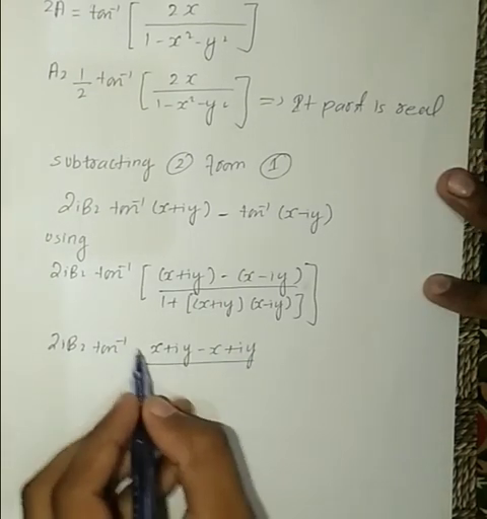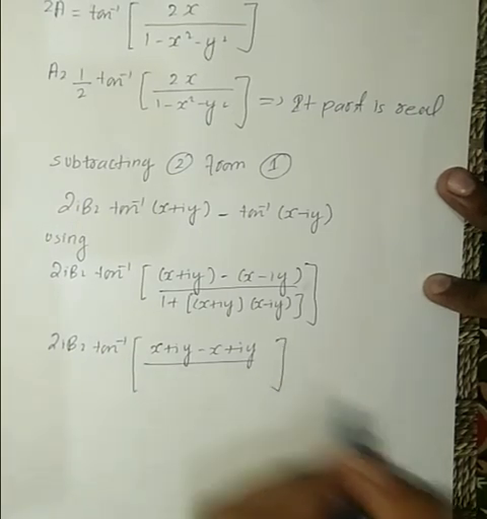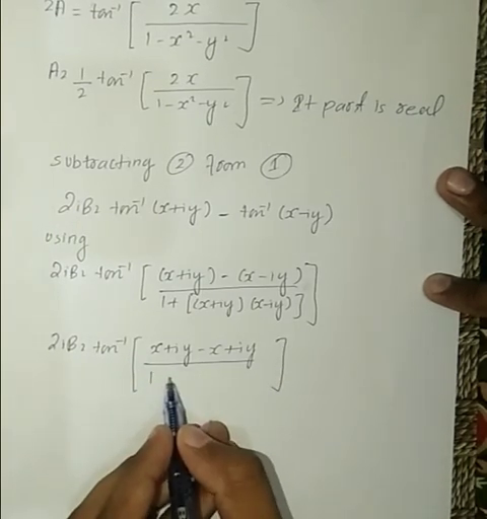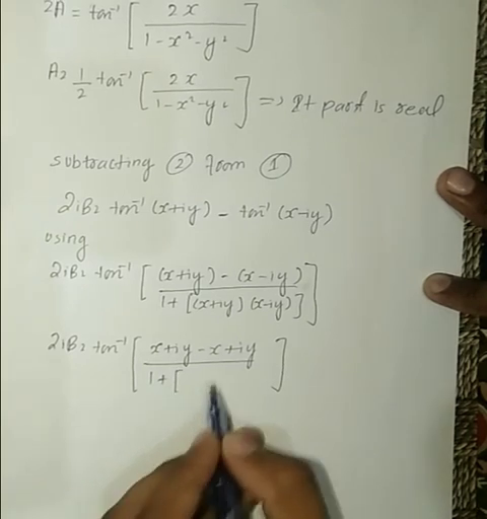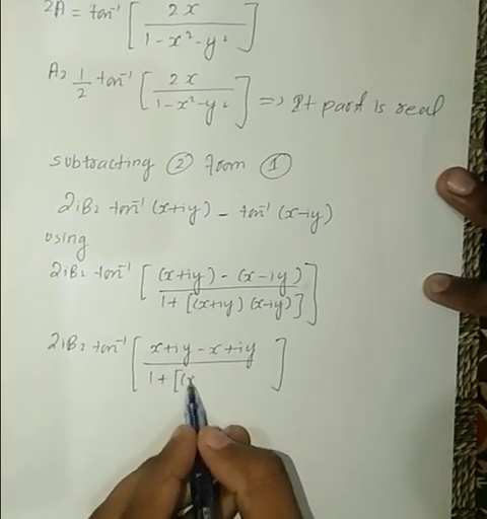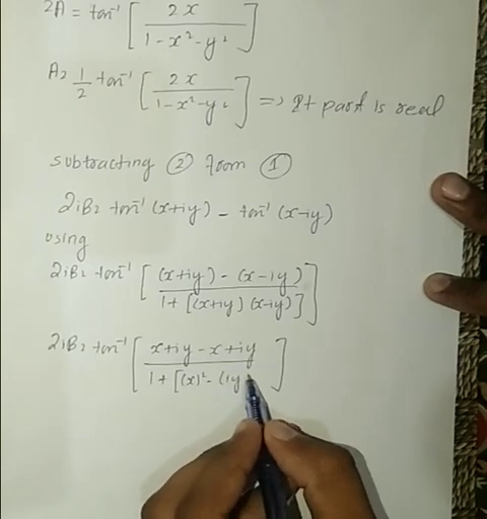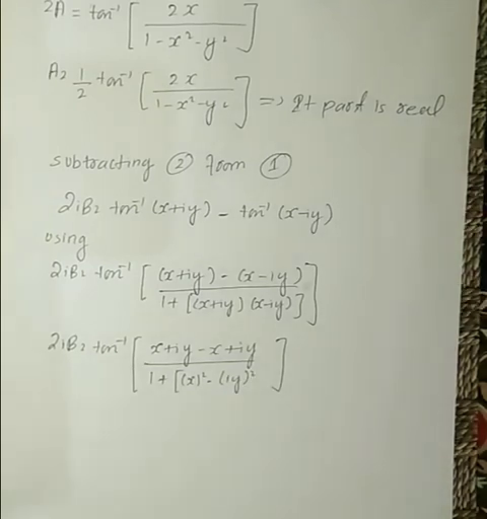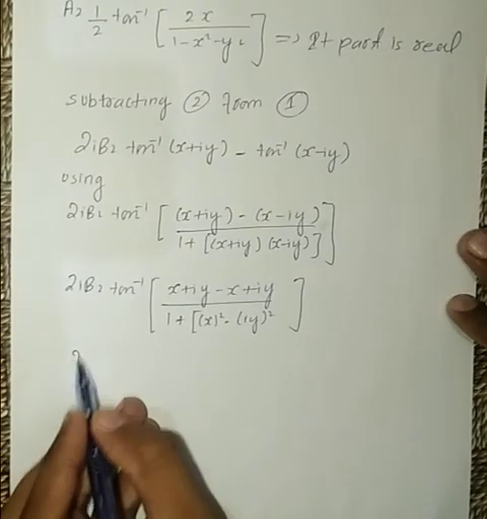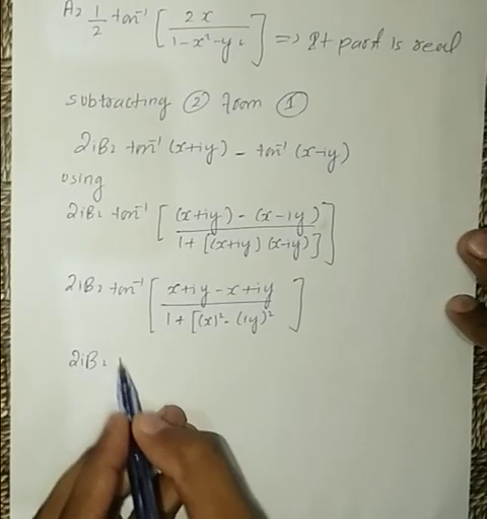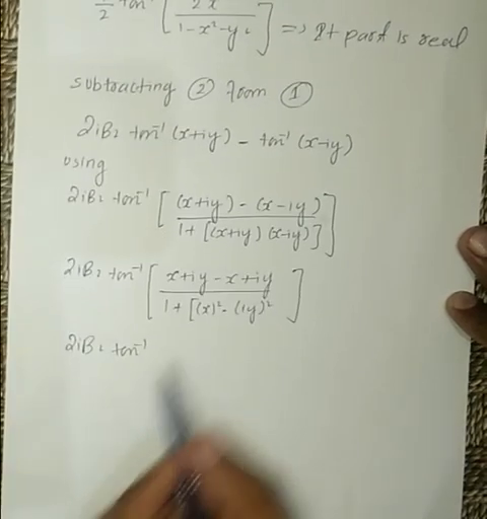And 1 plus x square minus iota y square, and 2 iota b equals tan inverse.